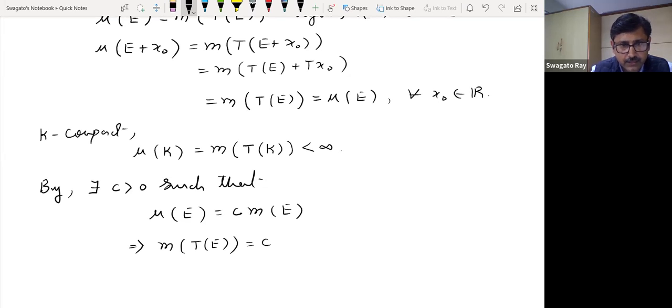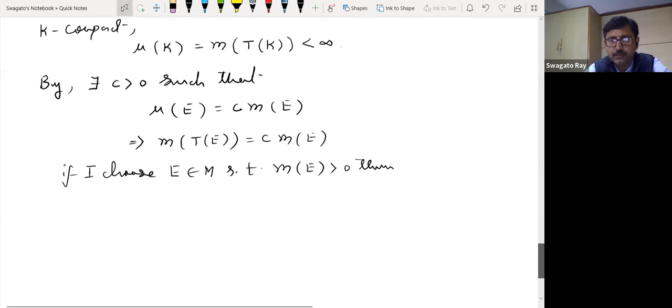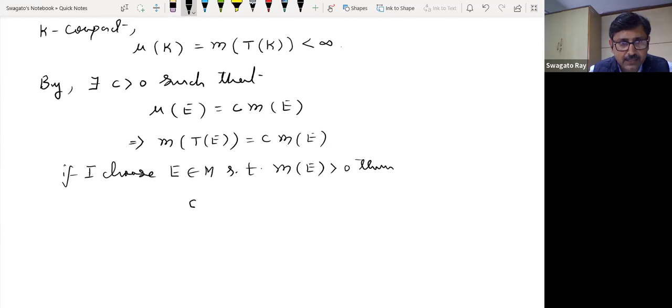So it is C times measure of E. Now, if I choose some E in the sigma algebra such that measure of E is bigger than 0, then I can actually find out the value of C. And that's what I'm interested to find out. This is a theorem which is actually difficult in higher dimension. Anyway, in the one-dimensional case, C is measure of TE divided by measure of E.